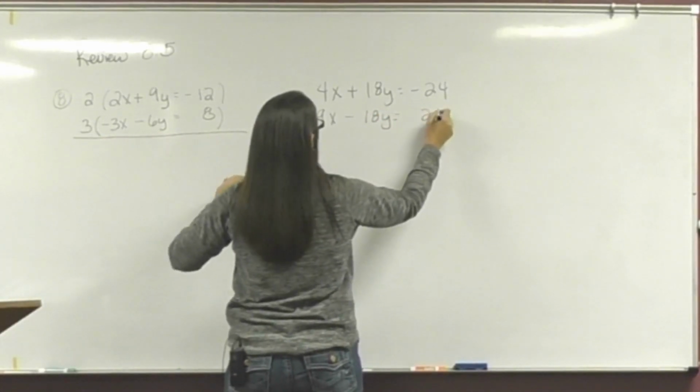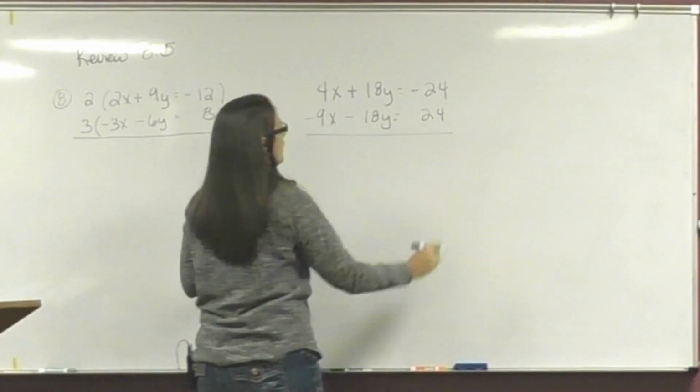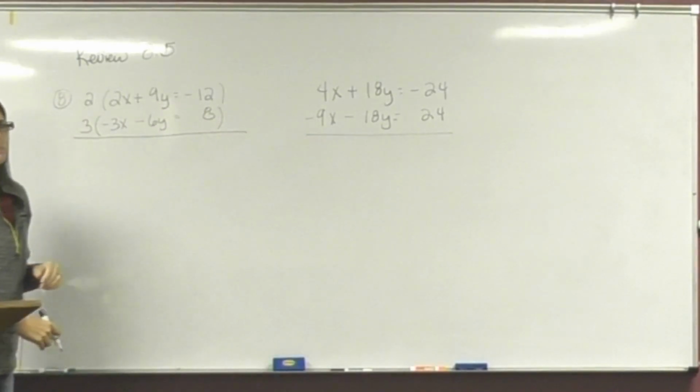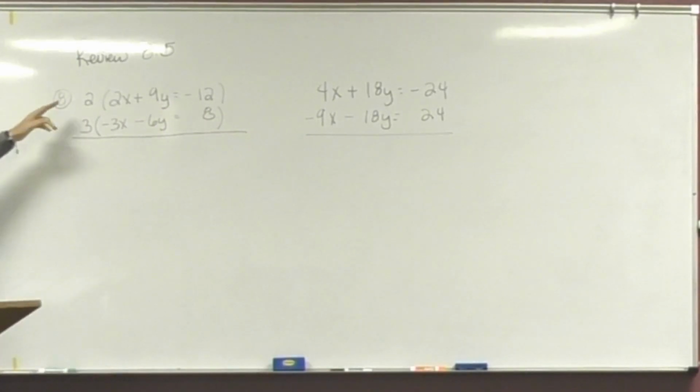Okay. So once I distributed these two numbers, you can see that when I combine my columns, my y's are going to be gone. My y's are going to be eliminated. That's why they call it the elimination. It's called the addition method because we're combining terms.